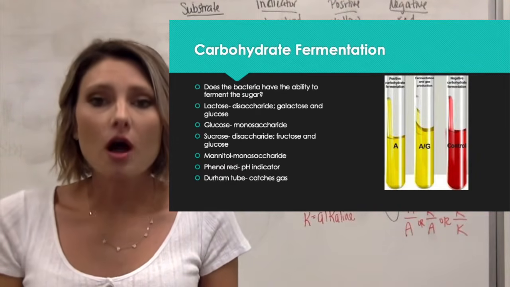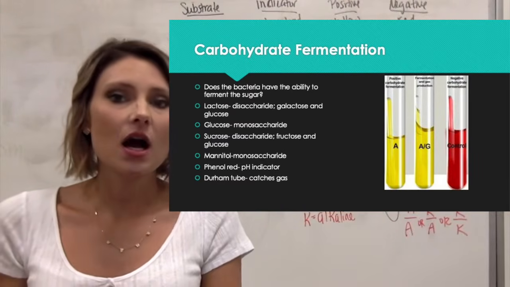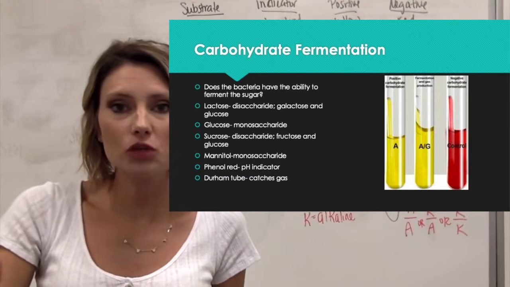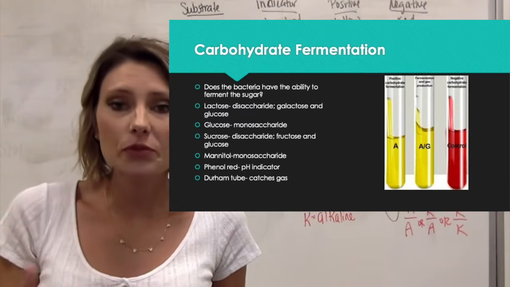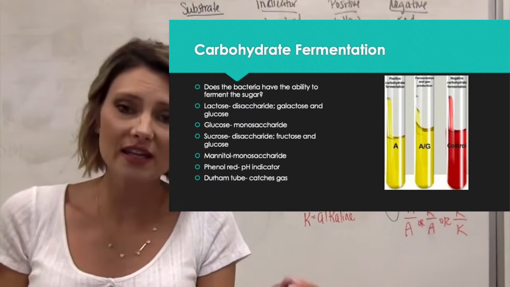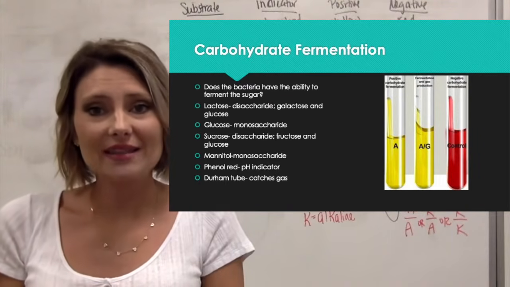Now, there are other sugars out there that can be added to this test. It's basically you just go down the list and there's a whole list of sugars and you say yes or no whether your bacteria can ferment those sugars or not. That helps us to identify what kind of bacteria we have based on which sugars it can ferment. But we're only going to do 4 in this class.